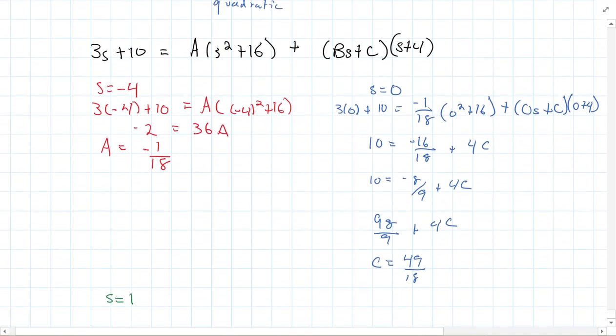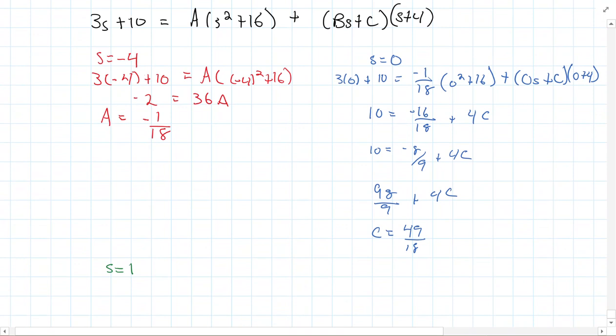I'll do it in a different color, and I'm going to leave it so I can at least write this first line down here. So this would be 3 times 1 plus 10 is equal to, again, negative 1 over 18. 1 squared, of course, is just 1, plus 16, plus, and then this would be B plus 49 over 18 times 1 plus 4.